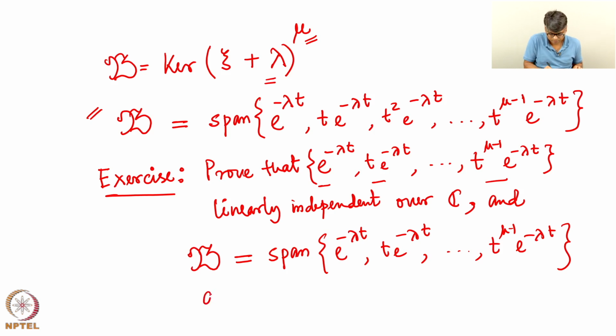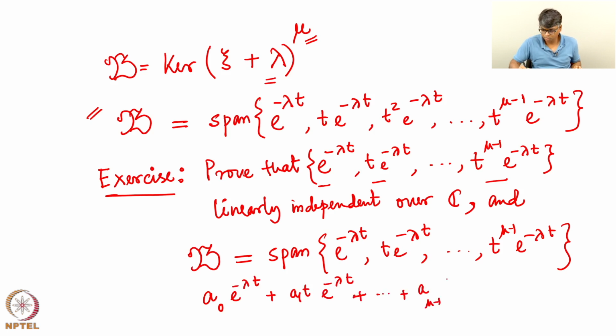It means that if you have a0 e to the power minus lambda t plus a1 t e to the power minus lambda t plus dot dot dot up to a mu minus 1 t to the power mu minus 1 e to the power minus lambda t, and this function is identically 0, then these numbers must necessarily be 0.